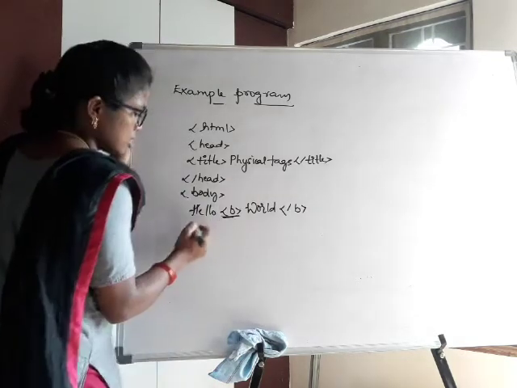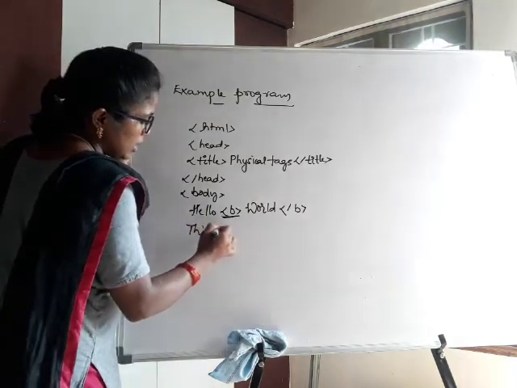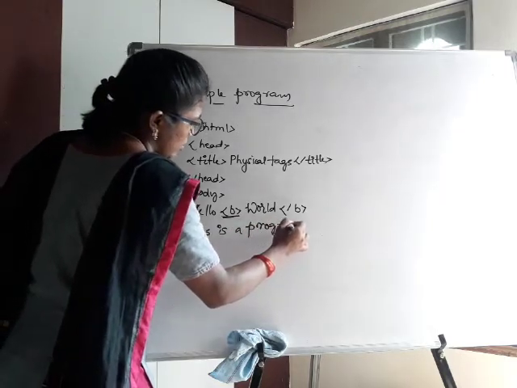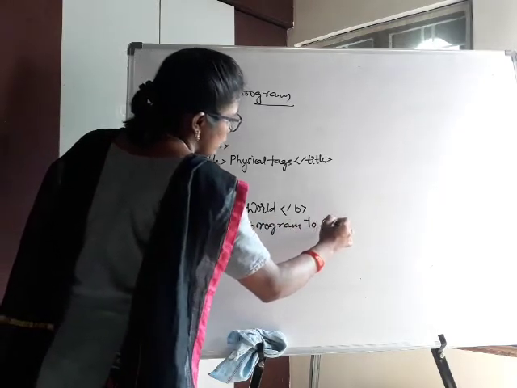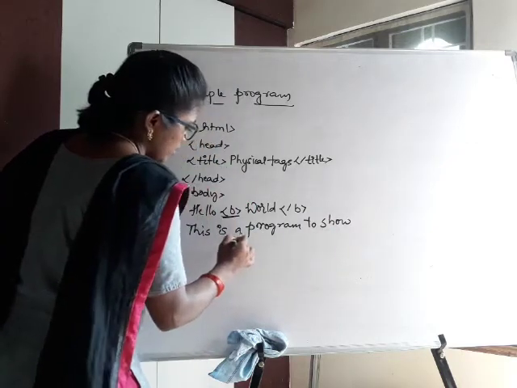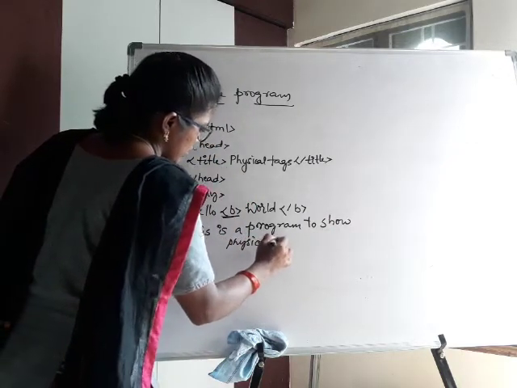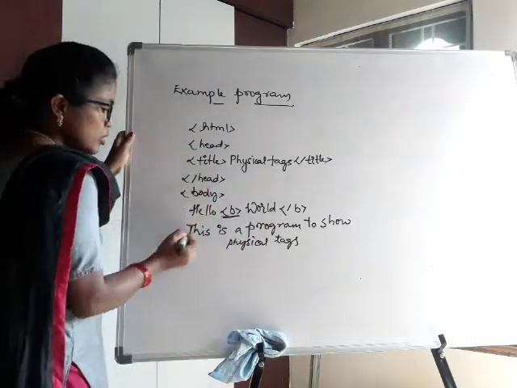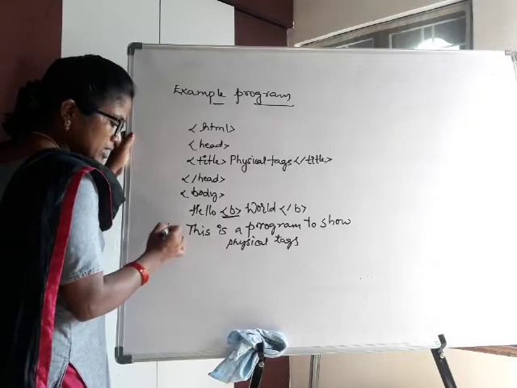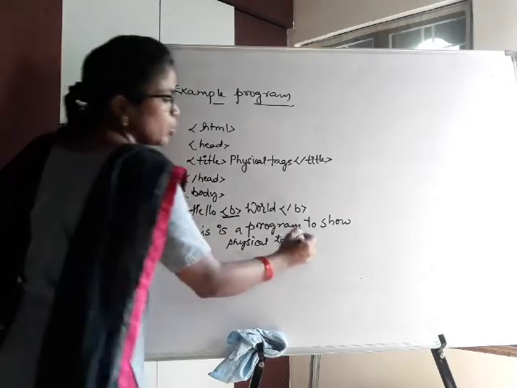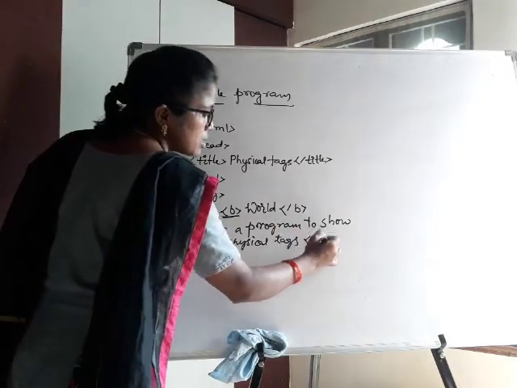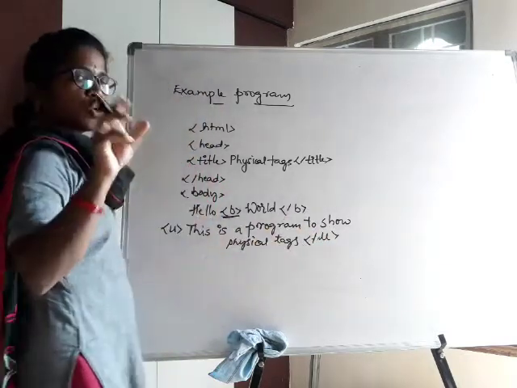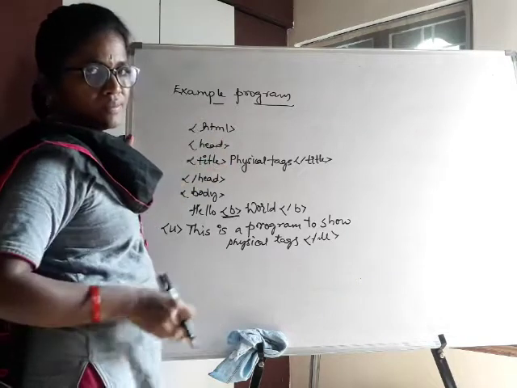Next, this is a program to show physical tags. I want to show this in an underline mode. So all the text is enclosed in U and closed at U, because this total text I want to be shown as underlined.